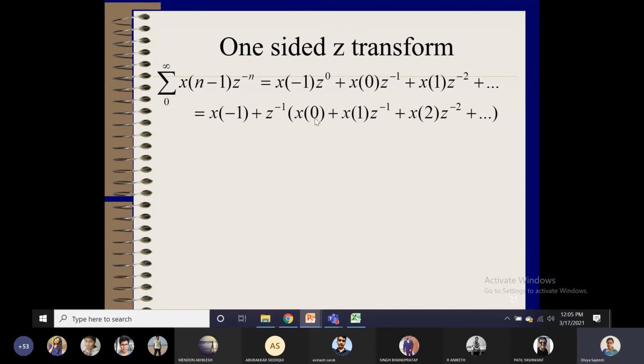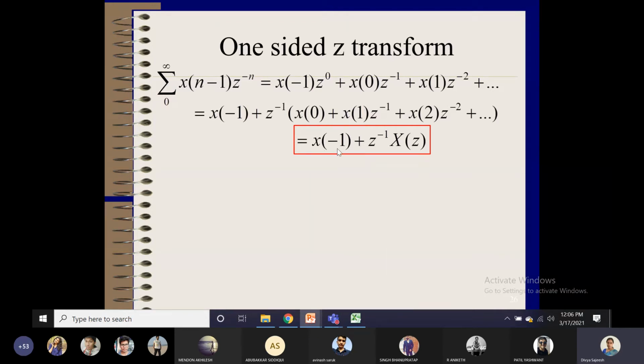It is nothing but the expansion of the z transform of input x of n, that is x of 0 plus x of 1 z raised to minus 1 plus x of 2 z raised to minus 2. So in general I can write this expansion as X of z.